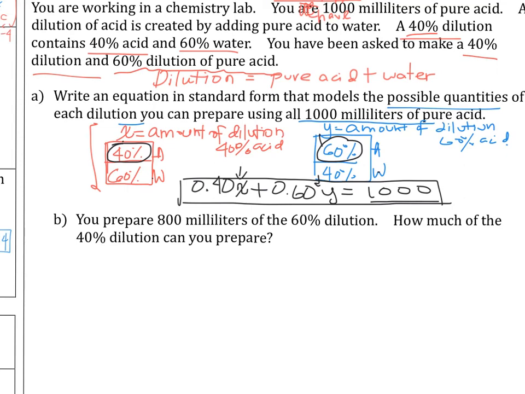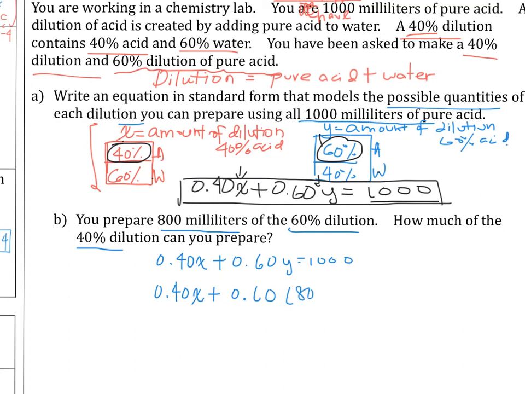Part B. You prepare 800 milliliters of the 60% dilution. How much of the 40% dilution can you prepare? So I'm going to recopy the equation that we came up with in part A. Now it gives us that we're going to use 800 milliliters for the 60% dilution. So I can sub in y for 800.